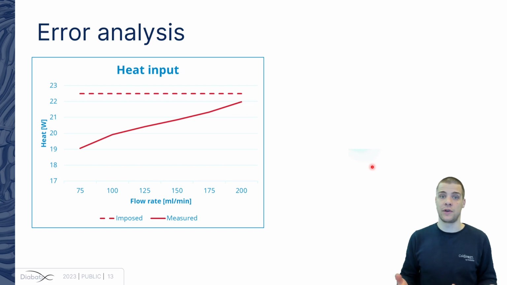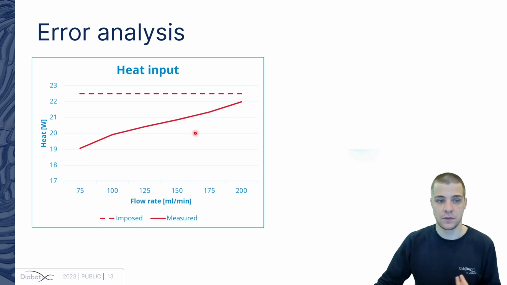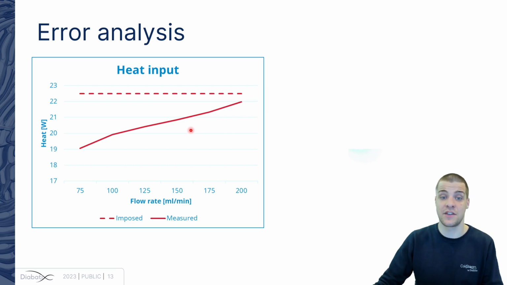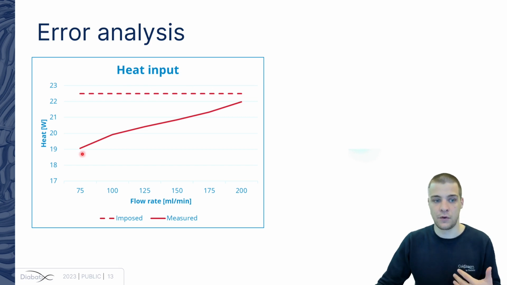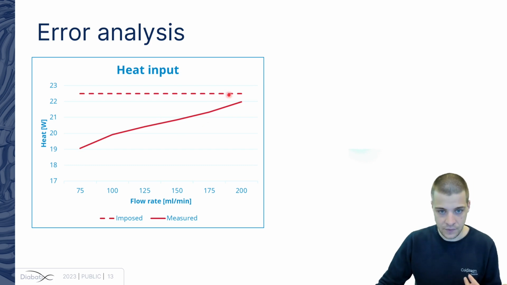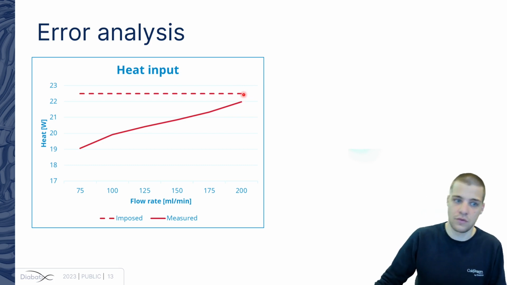When we had a closer look at the results of the experiments, we see that there's quite a bit of heat loss during the actual experiments. In the dotted line, you will see the heat load that is being applied to the heater itself, and in the solid red line, you will see the heat that is being evacuated through the outlet of the coolant. And you will see that for the higher flow rates, the difference is not that much.